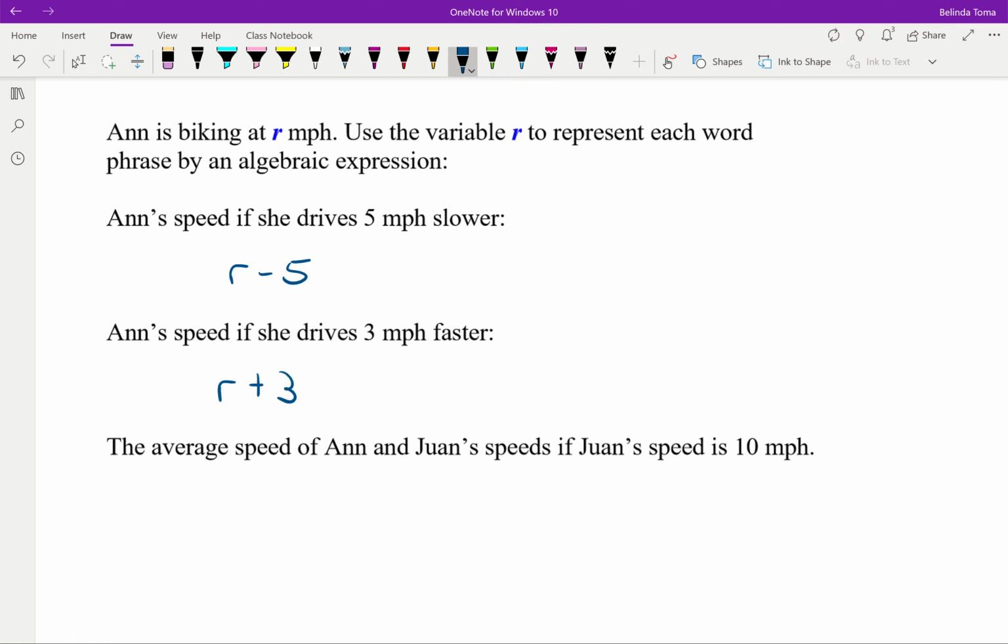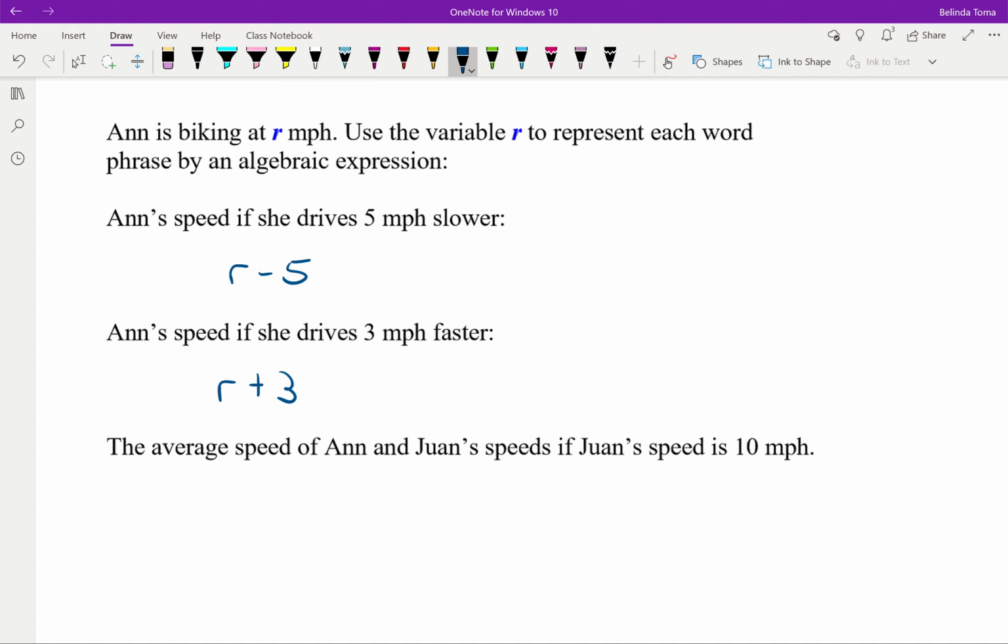And the one that might be new is the average speed of Anne and Juan, if Juan's speed is 10 miles per hour. So recall that an average is adding up all of the terms and dividing by the number of terms. So here we just have two terms, Anne and Juan and their speeds.